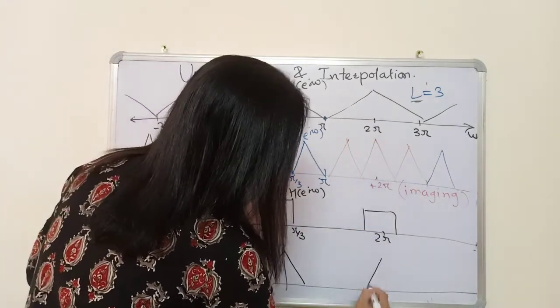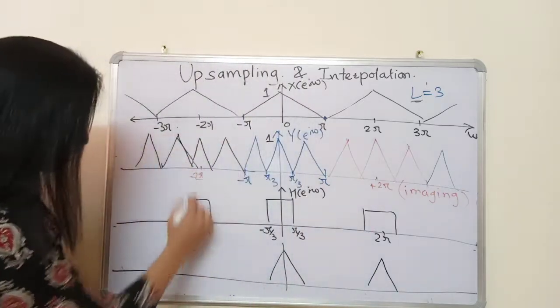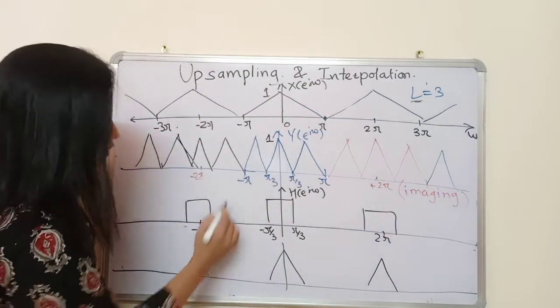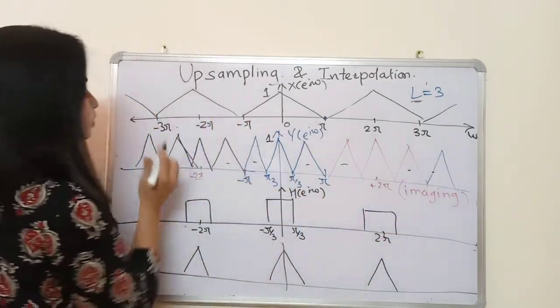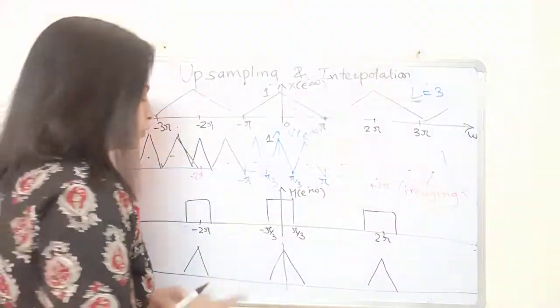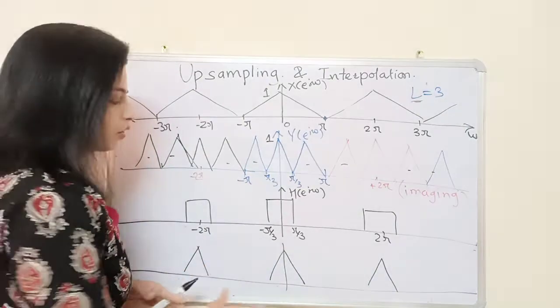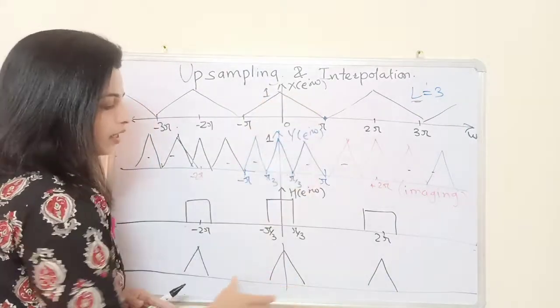This version of this image, and these extra images are removed. So we are getting a compressed version of the original spectrum like this.